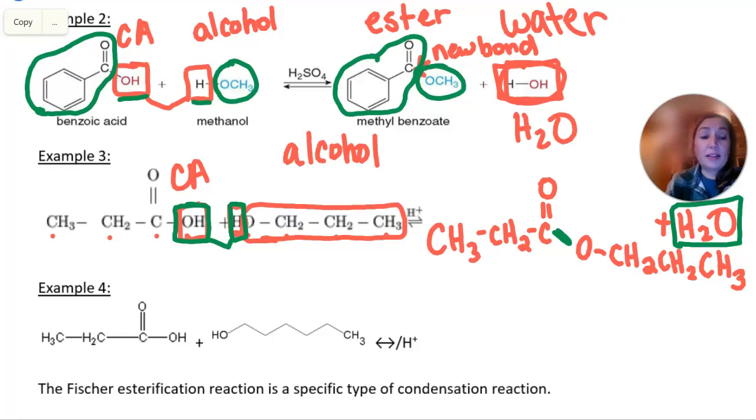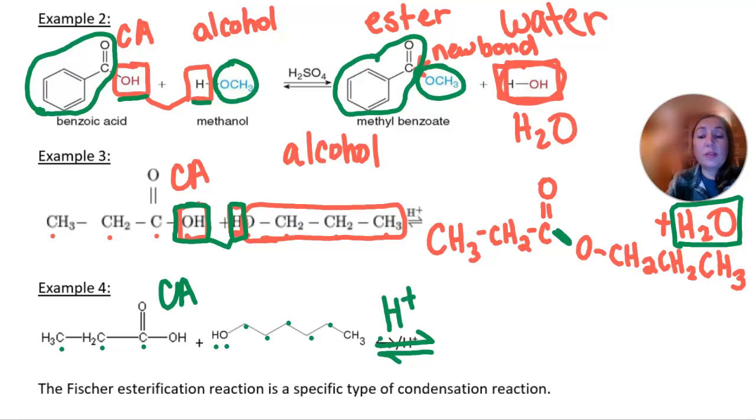Okay, let's try another one. This has CH3, CH2, C double bonded to O, bonded to OH, so there's our carboxylic acid. Then we've got HO, CH2, CH2, CH2, CH2, CH2, CH3. I prefer to just have an equilibrium arrow and an H plus over that arrow, so let's fix that. Then our OH of our carboxylic acid gets together with our hydrogen of our alcohol to make our water.